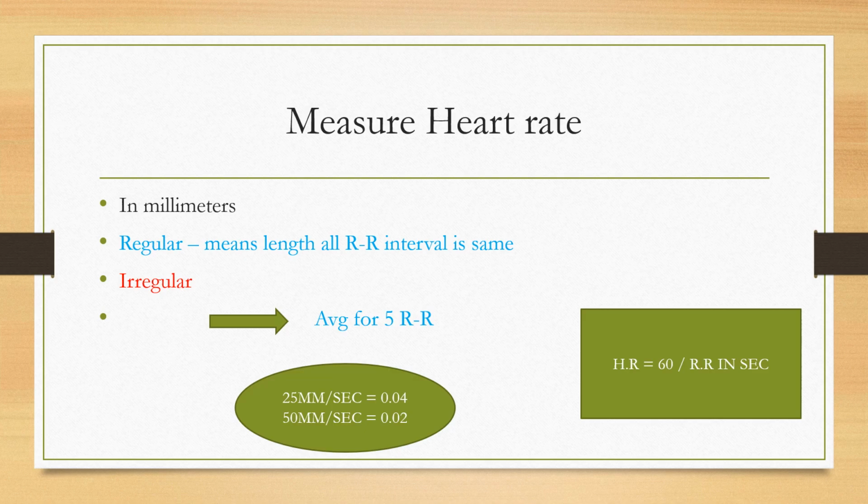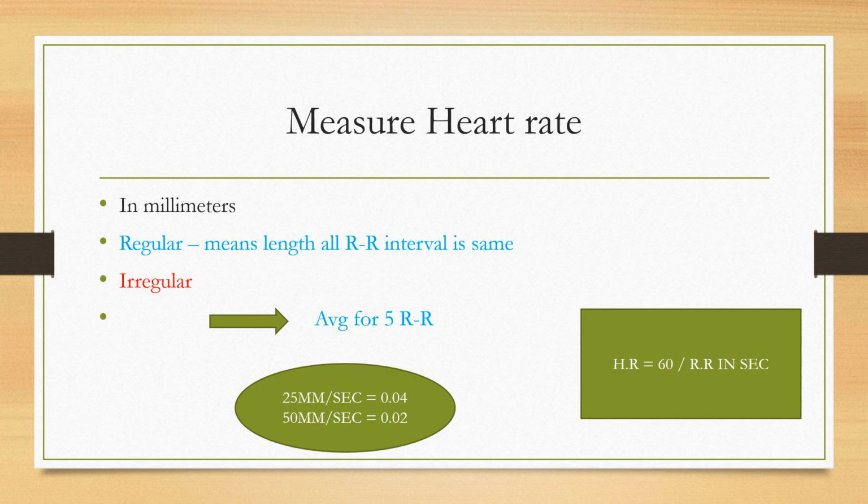It is the simple unitary method. If it is 100 millimeters per second, then we will multiply by 0.01 second.